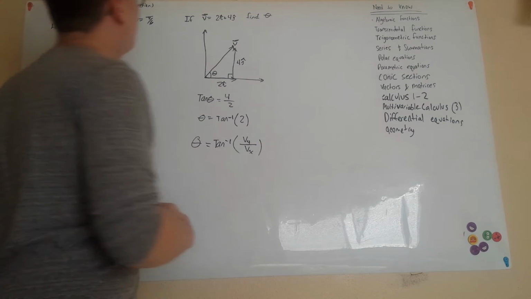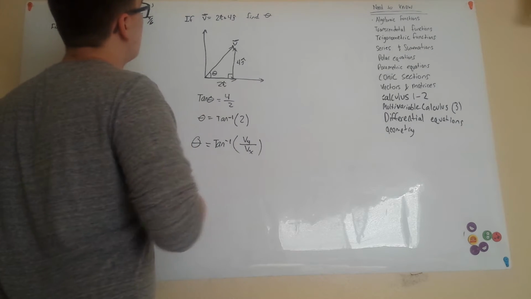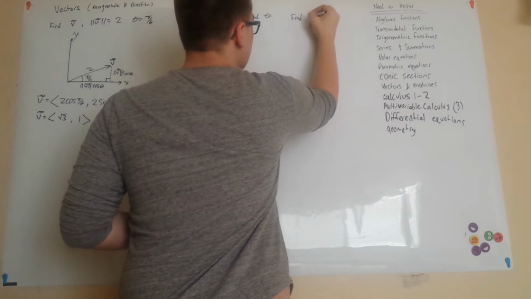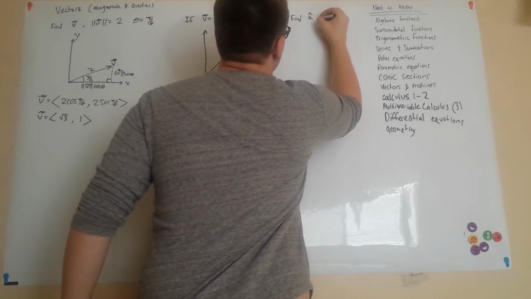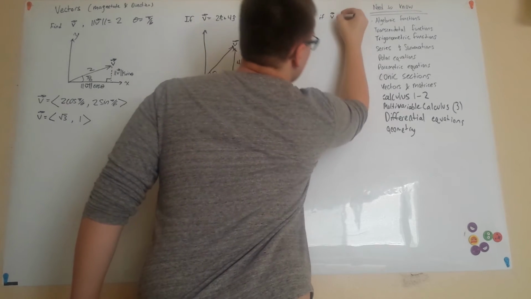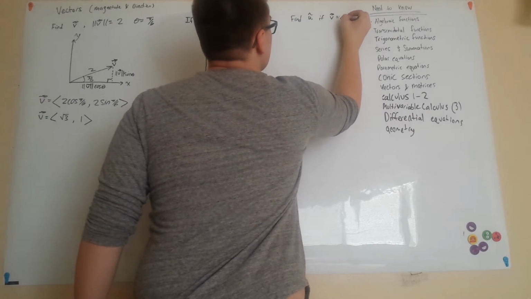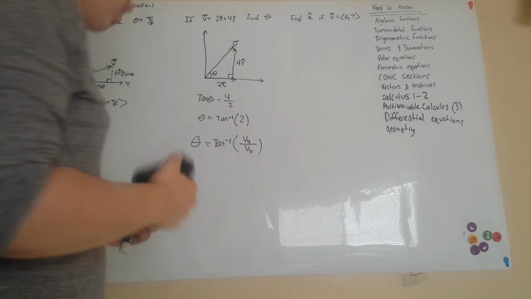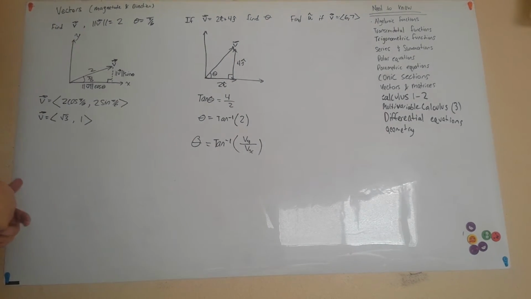Let's go over another problem. Find the unit vector if the actual vector is (6, 7). So we're not going to really draw something for this one.